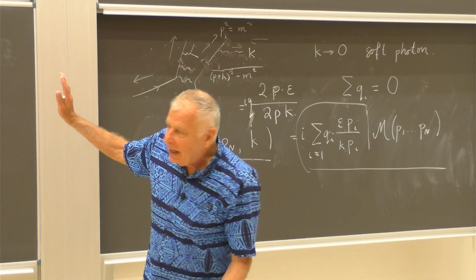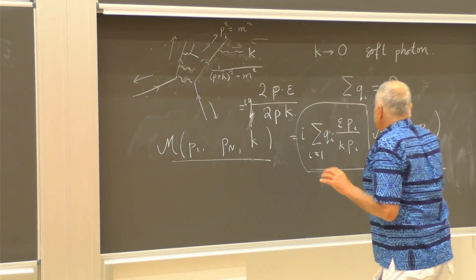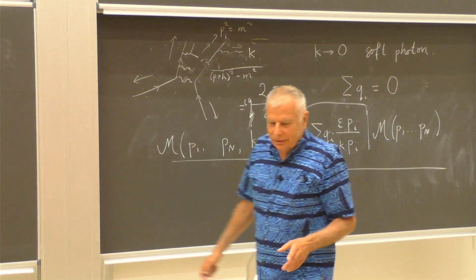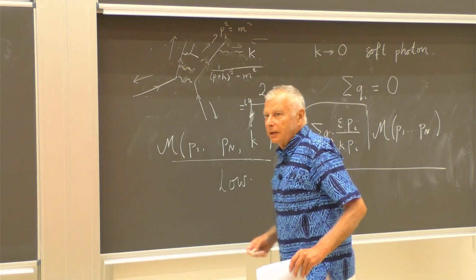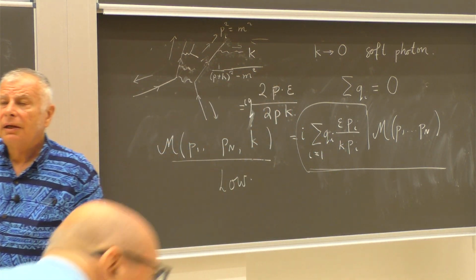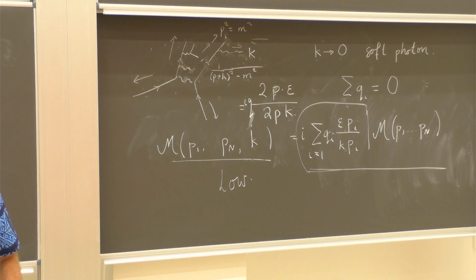So let me write down now how Low, Francis Low. Can I ask, is this factorization some universal feature of soft theorems? If we were to consider other theories, would they? Well, no, I will tell you what happens. This is true for scalars or for fermions.